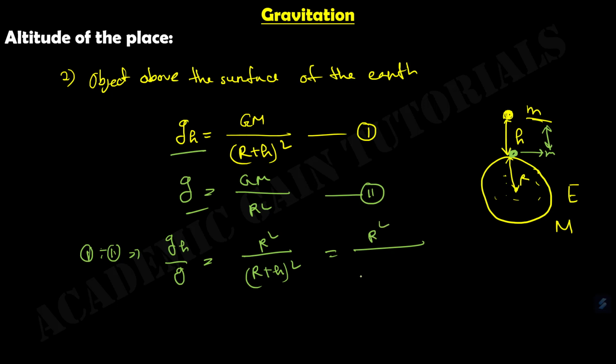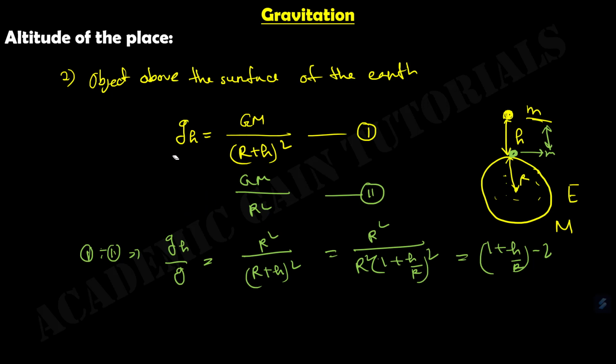Or you can write this as R square by (R plus h) whole square equals 1 plus h by R whole square inverse, or we can write this as (1 plus h by R) whole to the power minus 2.